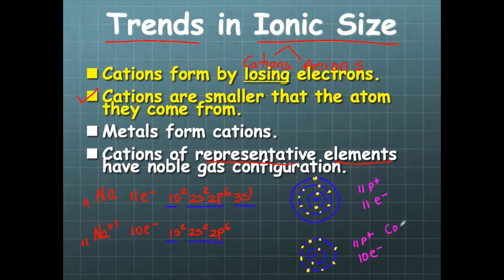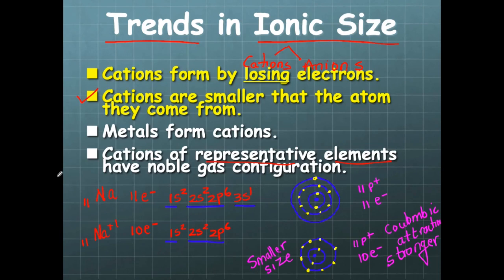Therefore, the Coulombic attraction is stronger here. Since the Coulombic attraction is stronger, this nucleus is able to pull its electrons much closer to itself, and therefore this is smaller in size as compared to the neutral atom.